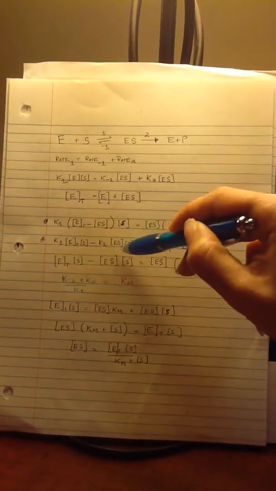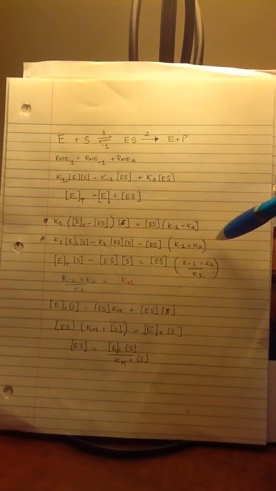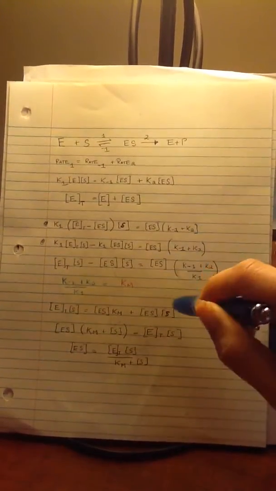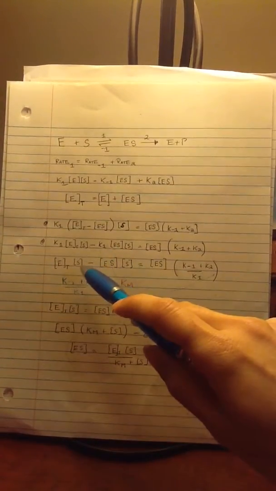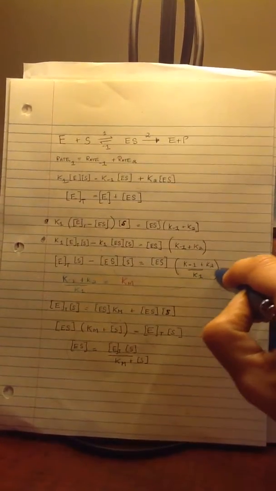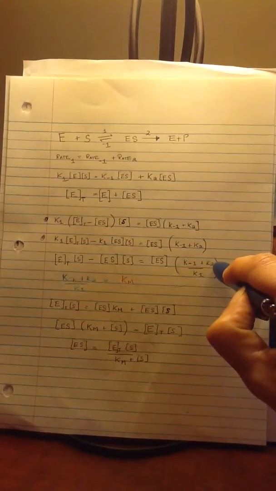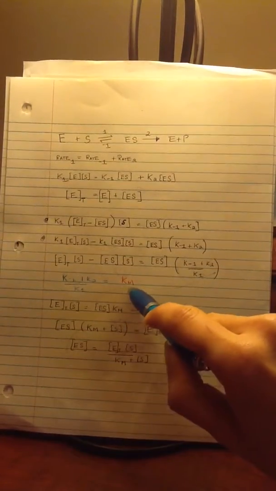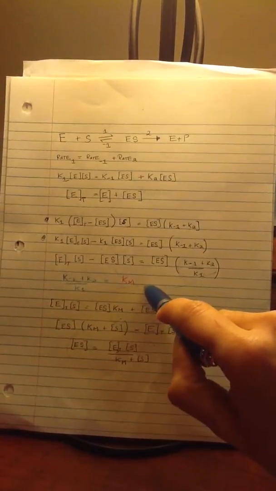Now the left side of the equation is going to be expanded from the one above, and then we're going to factor out K1 and divide both sides of the equation by K1. That is going to lead to a combined group of constant terms that we are going to equate to the value Km, which we will discuss shortly.